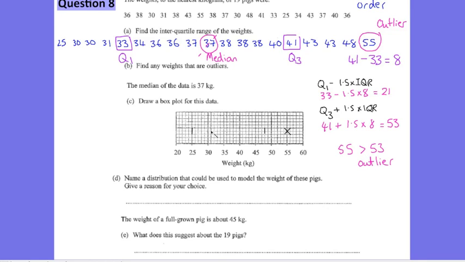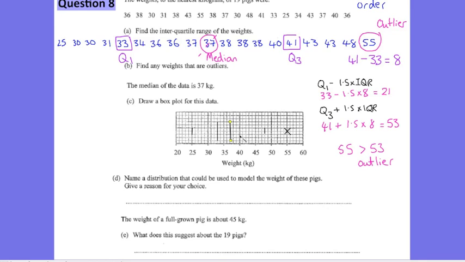Then we will do a larger mark for quartile 1, which in this case we can see here is 33. So we're having a larger mark here. Again, we need to make sure that it's symmetrical. And the same for our median at 37. So 33, 35, 37 is here.